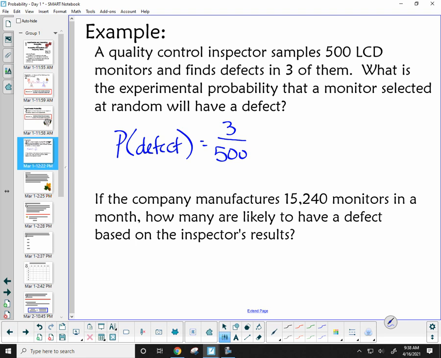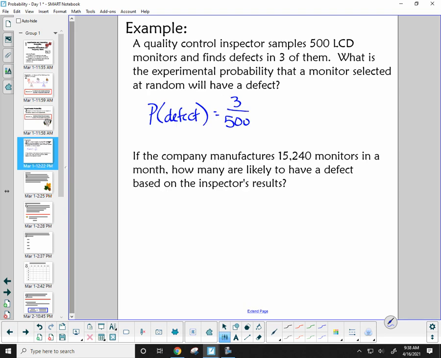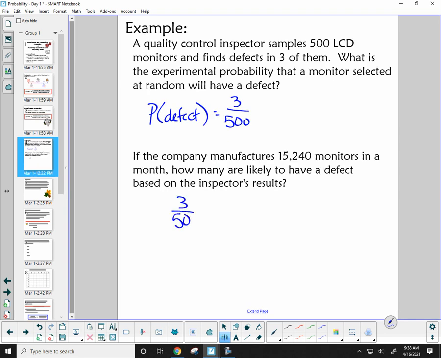Next one says, if the company manufactures 15,240 monitors in a month, how many are likely to have a defect based on this inspector's results? We just need to take that probability, which we said was 3 out of 500, and multiply that by 15,240. Again, you can leave that as a decimal. I had 91.44.